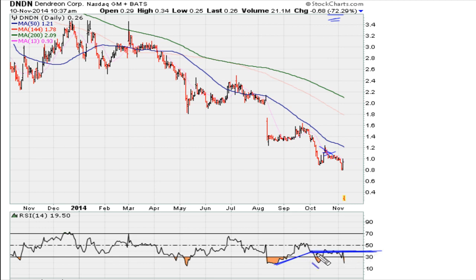Now, if we go back and backtest that line, take a look at this. We had a break below the line there, which was this gap down. We also can test it by going backwards. And we see again another break below the line here, which was this high.